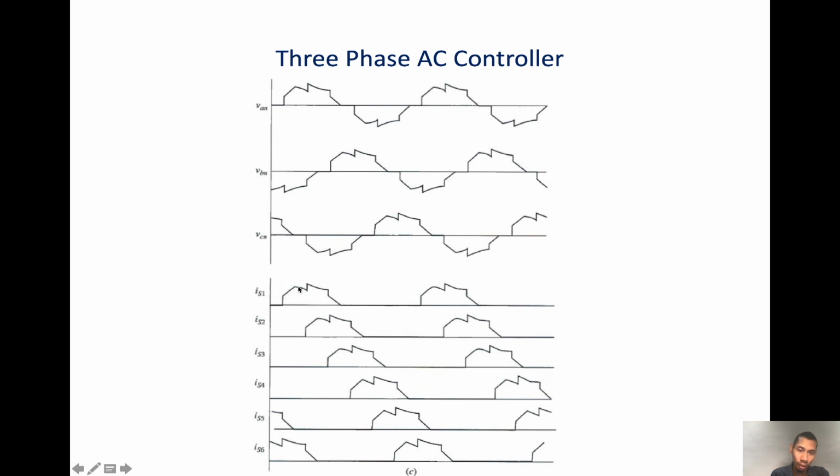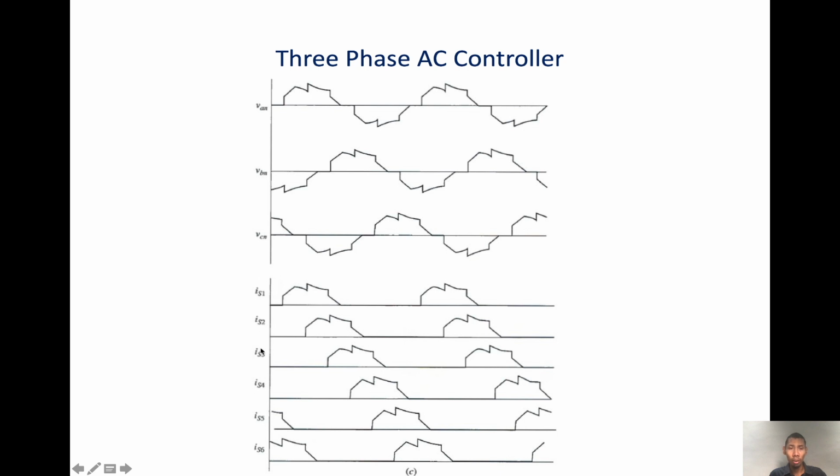For the next 30 degrees, thyristor 1 is on and thyristor 6 is on. Then as we move here, thyristor 1 is on, thyristor 2 is conducting and thyristor 6 is still conducting, so 3 thyristors are on. So this is the triggering switch sequence.